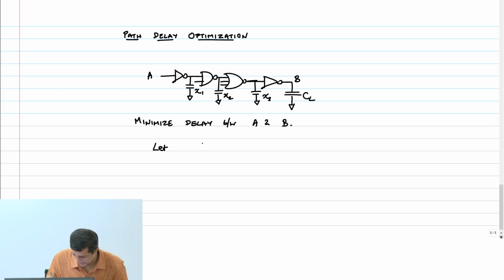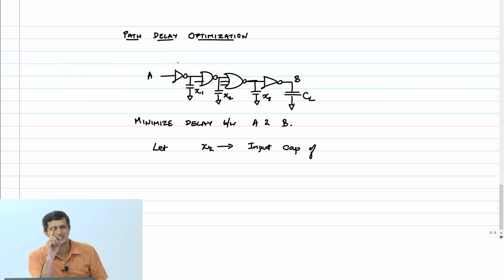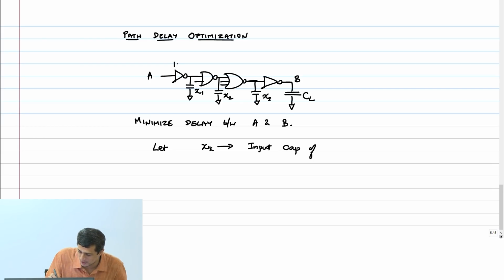So let Xk be the input cap, and of course I need to assume that the first gate size is known. Let's assume that that is fixed. That is a minimum size gate, and this is just a reference inverter. So this is a 1x gate.